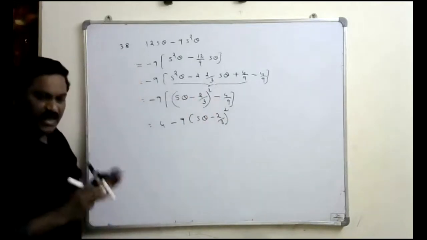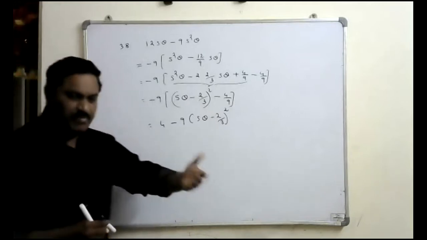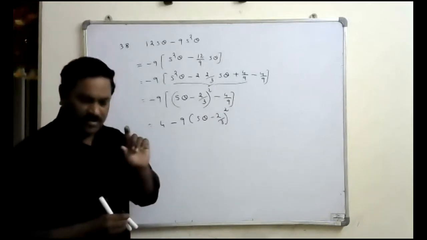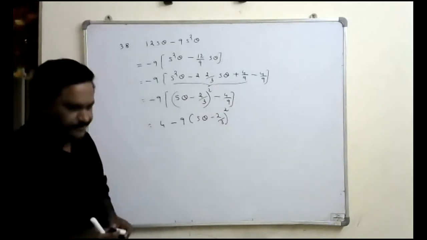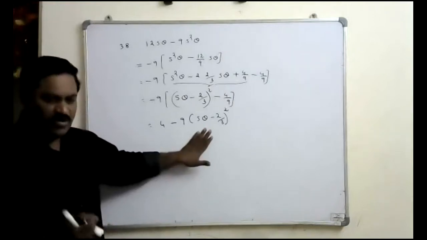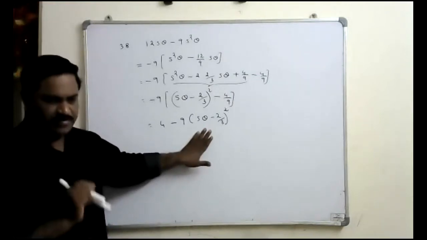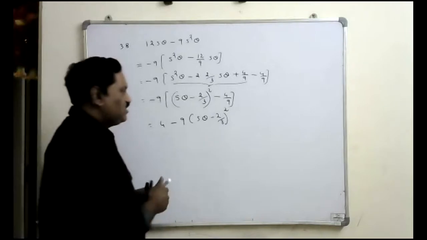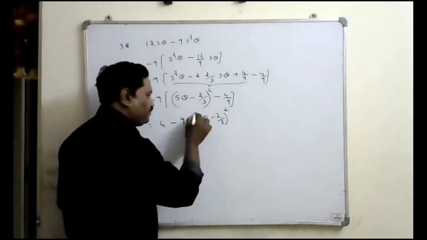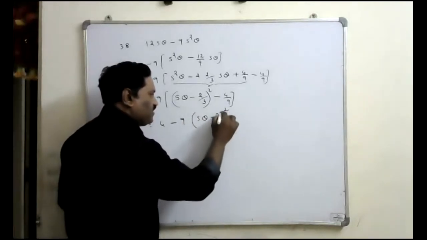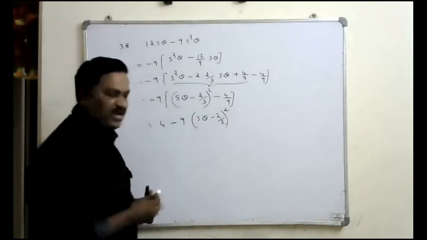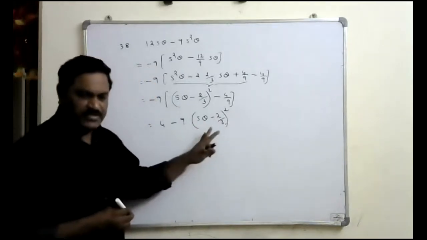Like that, whenever you want to find the maximum or minimum value of any trigonometric expression, we have to convert it into a perfect square. Why? Because a perfect square never gives a negative value.